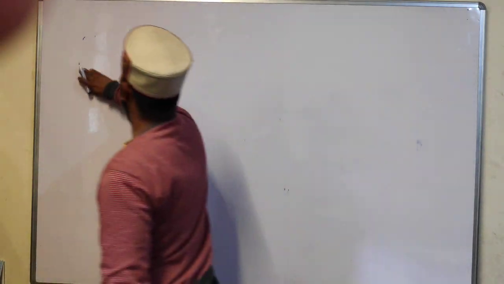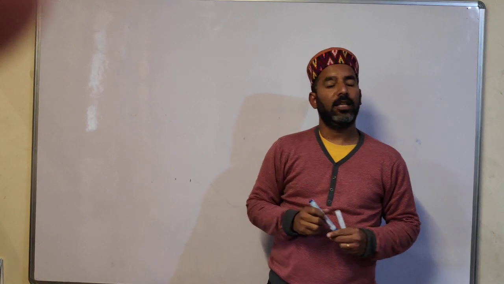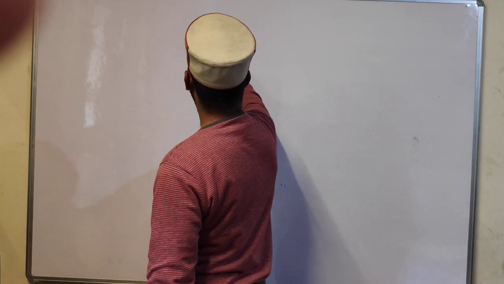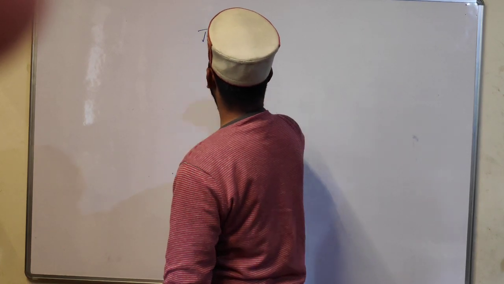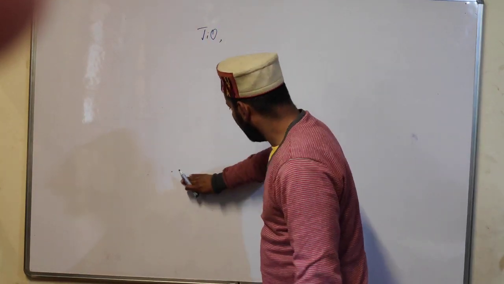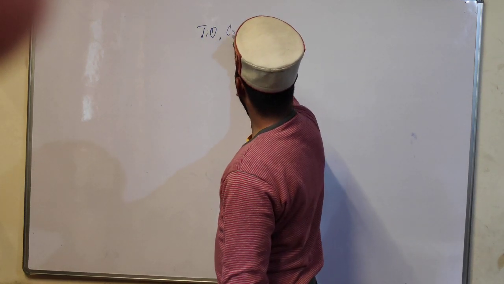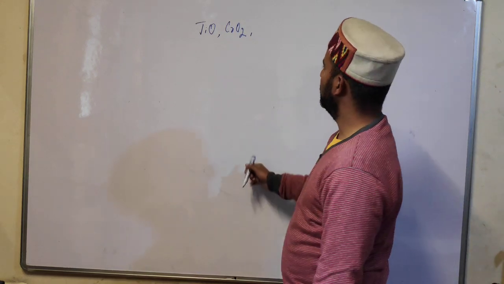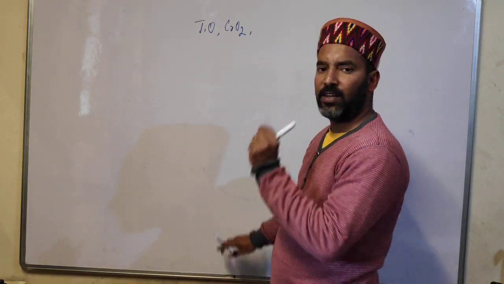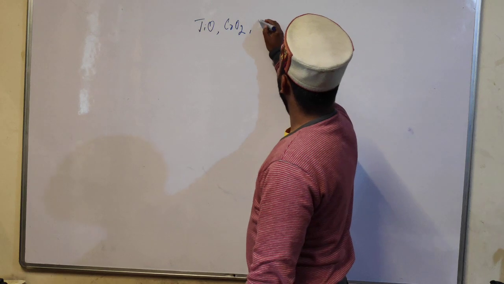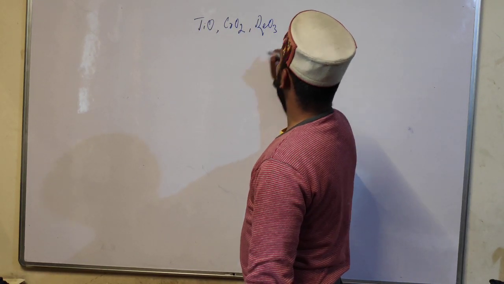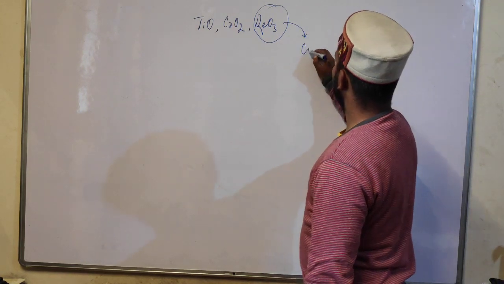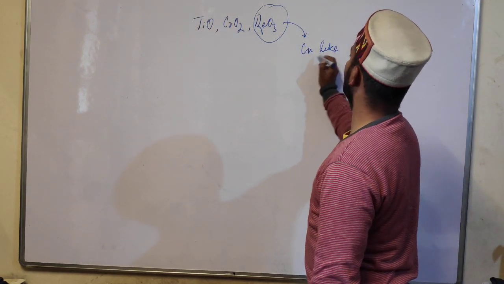Like titanium oxide, which exhibits properties like metals. Then chromium dioxide also possesses properties like metals. That means these are not metals, but they have electrical properties just like metals. Then I have rhenium trioxide. Again, let me tell you students, this substance has electrical properties like copper.